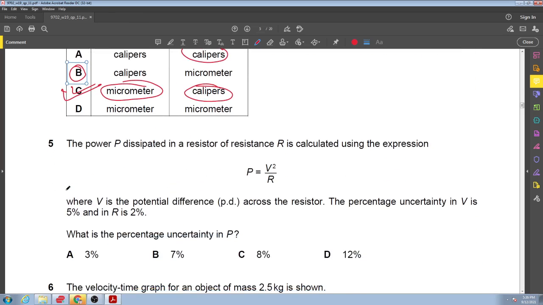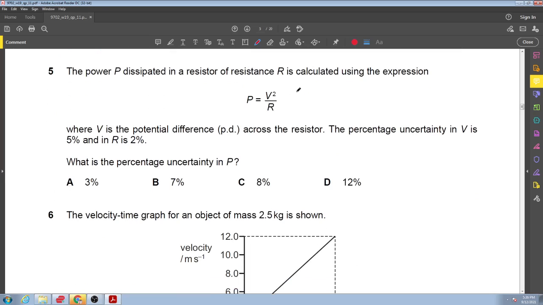Question number 5 is about the uncertainties. They said the power P dissipated in a resistor of resistance R is calculated using the formula given to us. The percentage uncertainty of V is 5 and of R is 2.